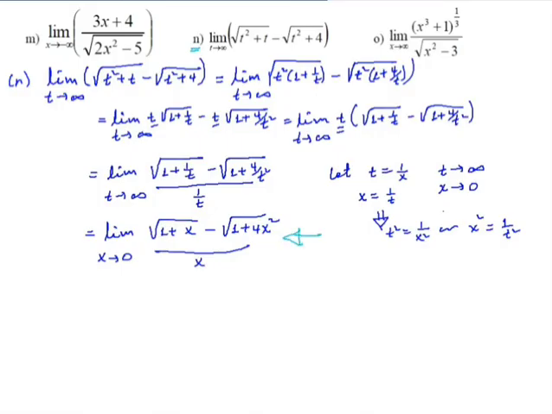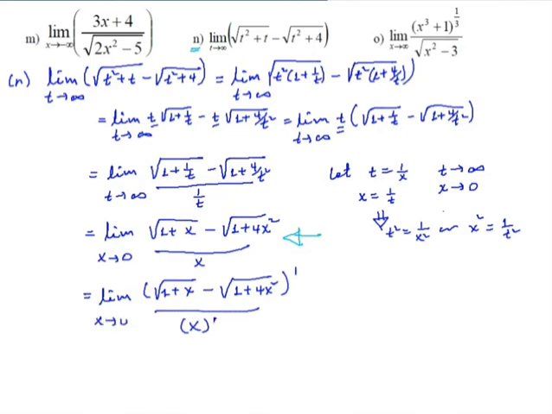Applying L'Hopital's rule, we get this kind of limit. This becomes the limit of the derivative of radical 1 plus x minus radical 1 plus 4x square over the derivative of x, as x approaches 0.